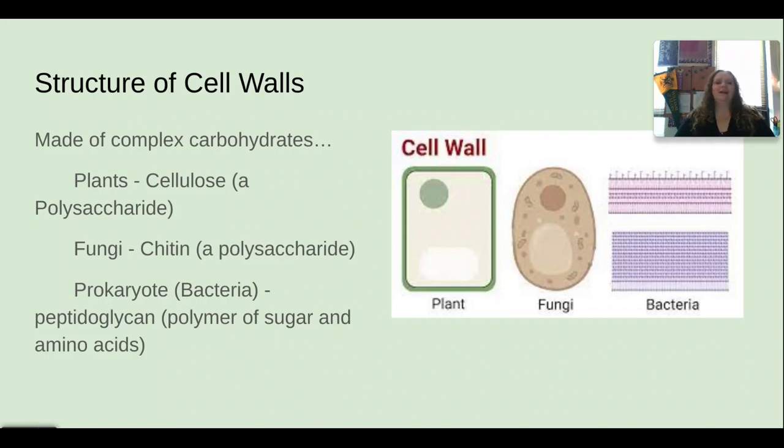Prokaryotes, bacteria, they're actually going to have a cell wall produced with peptidoglycan. This is going to use sugar and amino acids to produce the cell wall. And of course, this is a little different if we are talking about archaea, which is another whole domain of bacteria that lack peptidoglycan.